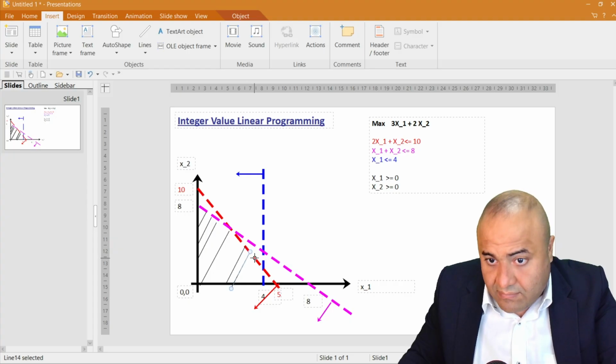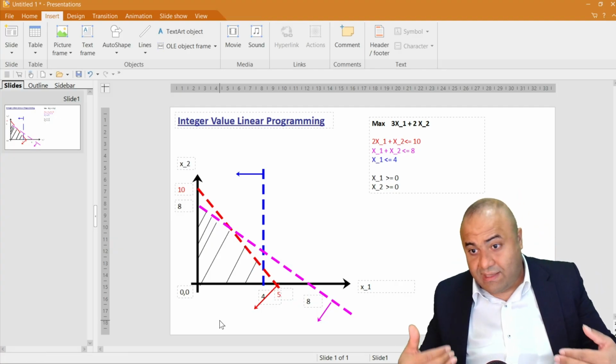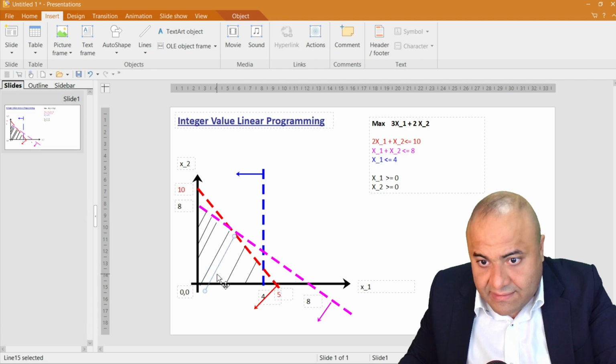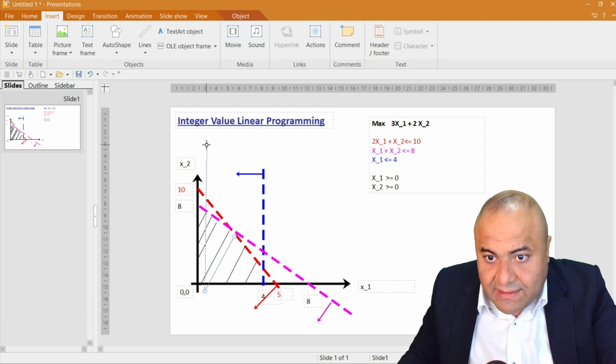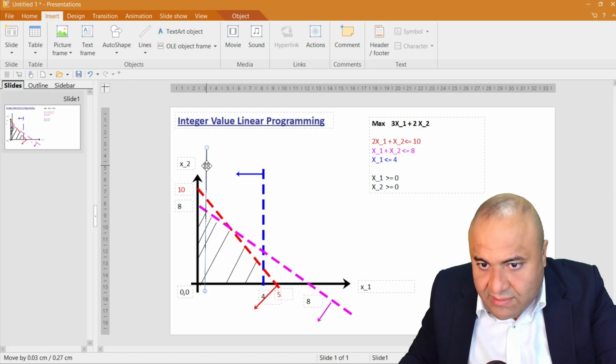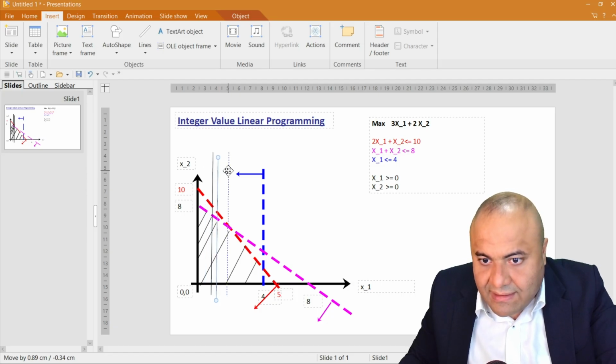Now bear in mind, how can we solve it? We already know that x1 and x2 should be integers. So the value of x1, for example, should be 1, and then this line is going to be 2, and this line is going to be 3.